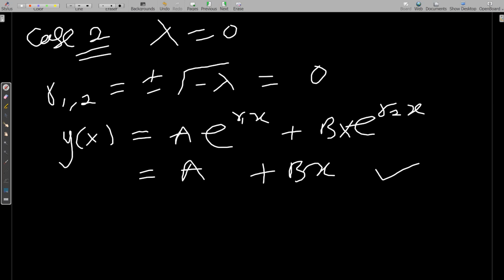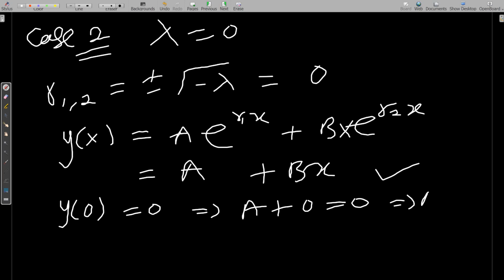With this, we said y of 0, applying the boundary conditions here, is equal to 0, which implies that a plus b times 0, and that will be 0, should give you 0, and this implies that a is equal to 0, meaning my y of x is equal to b x.